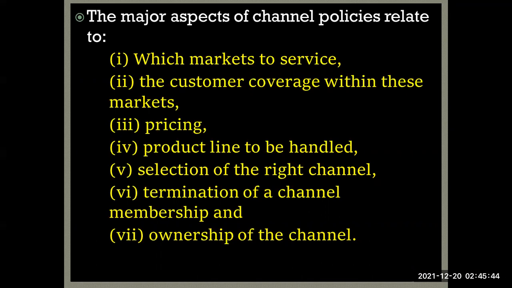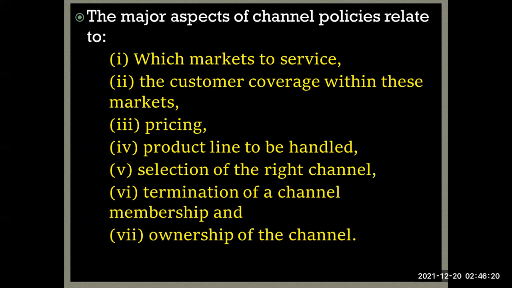When a manufacturing company decides its distributor, the company then has to take care of its channel policies. That company has to give instruction to its distributors, channel partners, or sales people on which market to service, then customer coverage within these markets, which customer to serve.